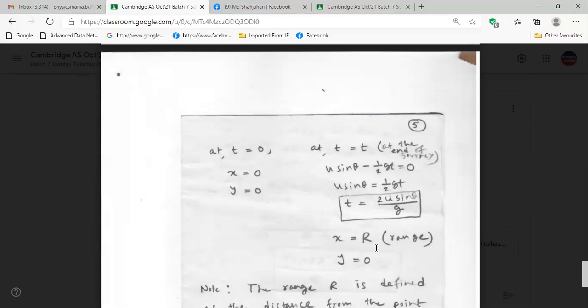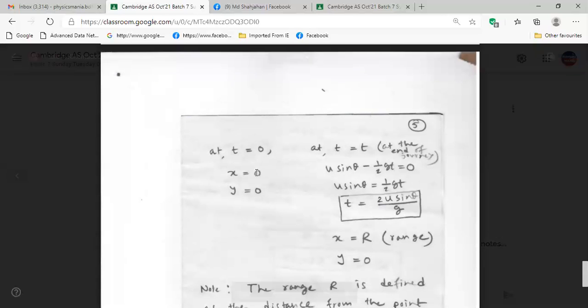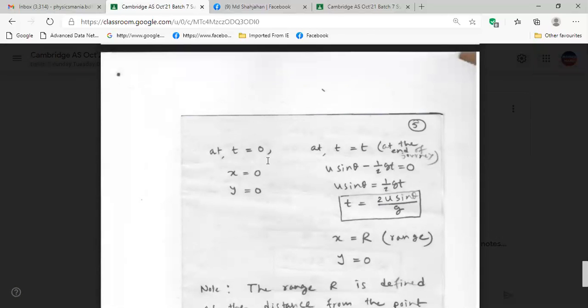So you write here till y equals 0. The way I wrote, you write exactly the same way, because on the left side I kept all the things for time equals 0, x 0, y 0, and on the right side, after passing some period of time, we have time equals t.